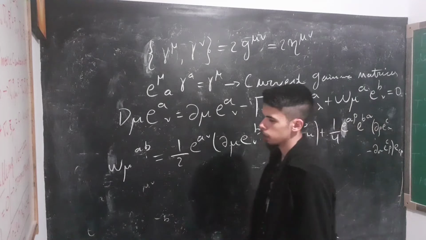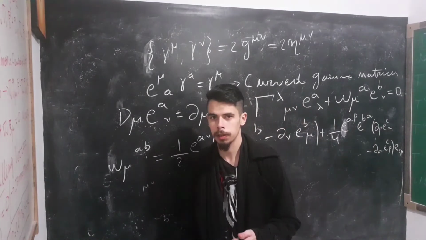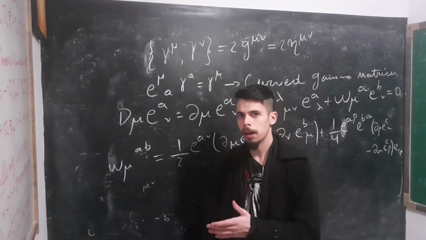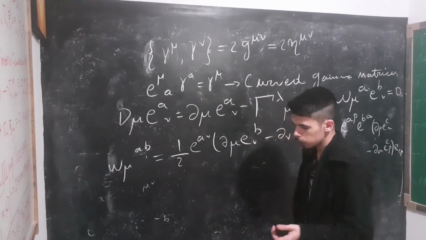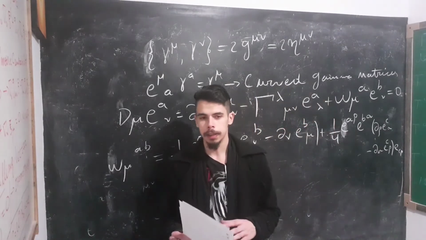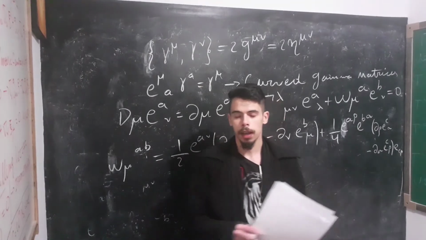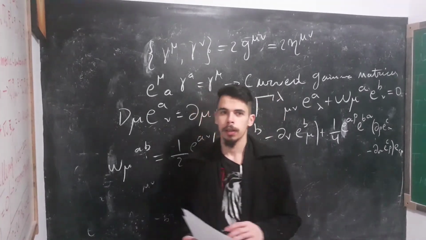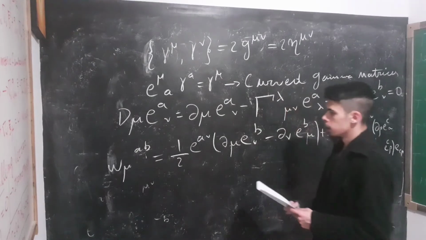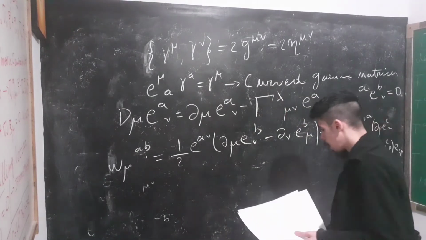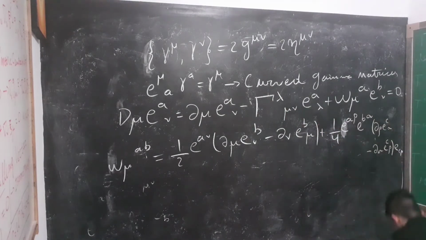So finally, when we solve for the spin connection, we can now write the action, and the action is given by the Lagrangian density. What we're going to do now is just combine the Dirac Lagrangian density and the Einstein-Hilbert action to write this new action, right?